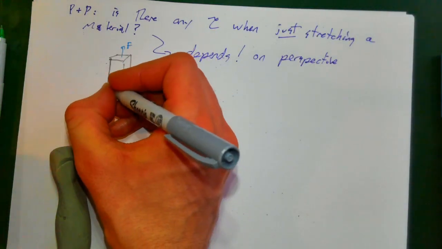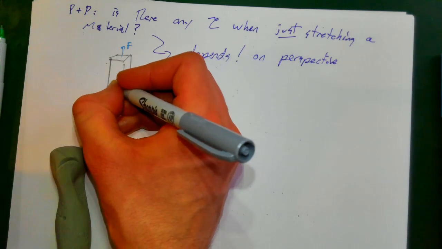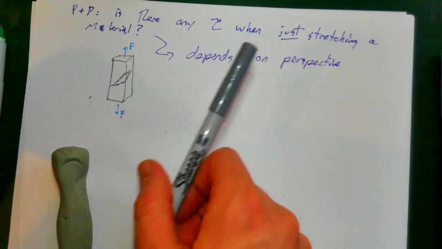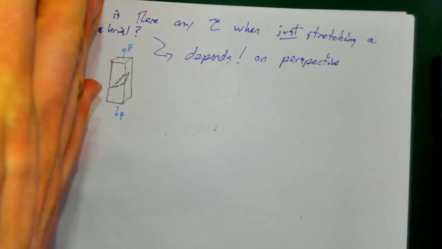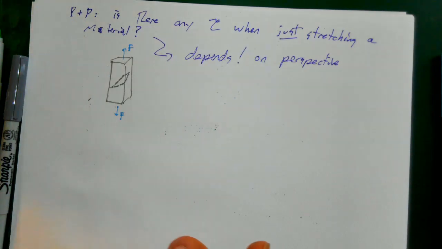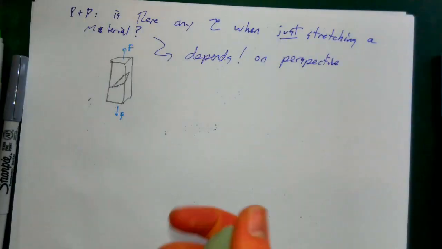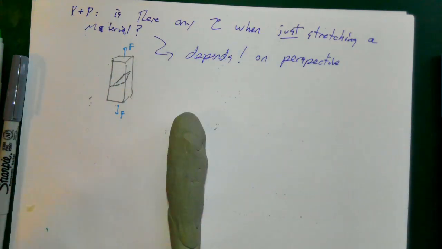Well, imagine I took an imaginary cut, but at an angle. So I sort of took this chunk of Play-Doh, and instead of applying a cut perfectly perpendicular like this, I cut it at a 45-degree angle.